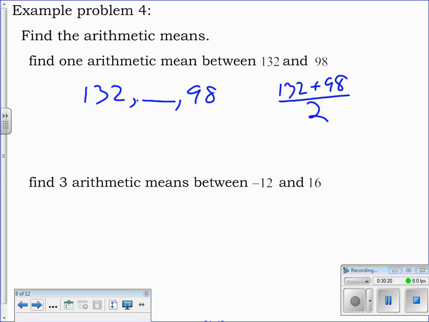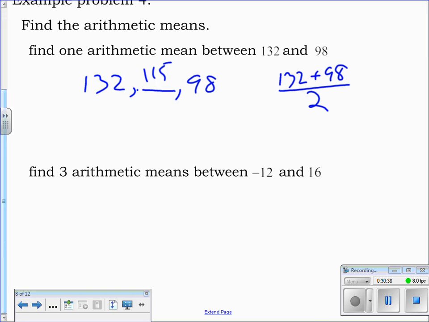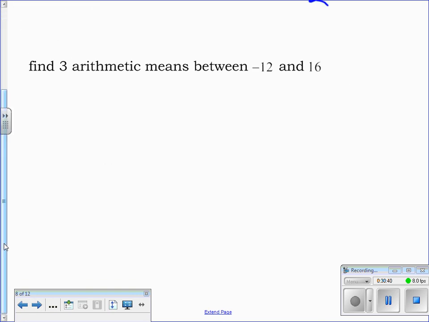And that'll give me the arithmetic mean. But that only works if you have one number that you're missing. By the way, what is that number? 115? Okay. But that only works if you have one number. It kind of sucks, because if I look at this next example, I'm going from negative 12, and I have 1, 2, 3 to fill in.